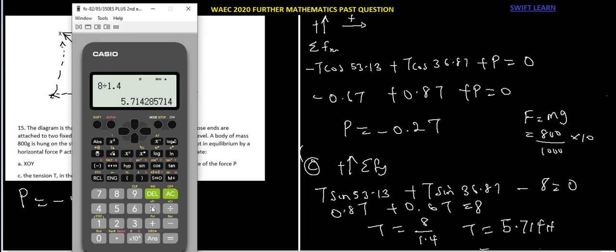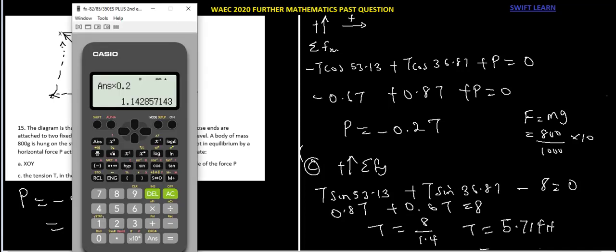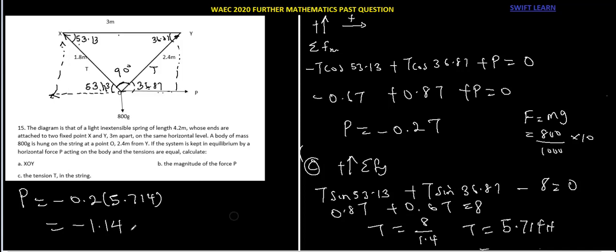So what is that times 0.2? So the answer is minus 1.143 Newton.